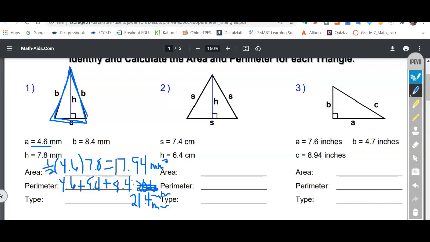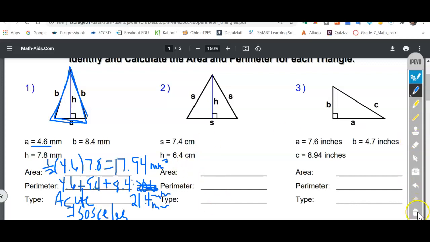Because if I name it by both the angles and the sides, I'm being as specific as possible, correct? We'll call it an acute isosceles. All right, it's an acute isosceles triangle.